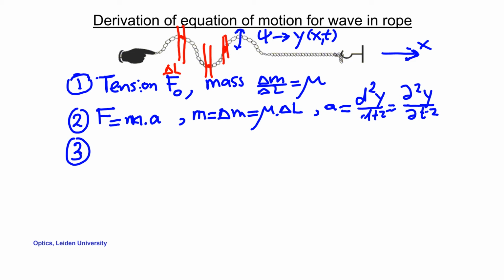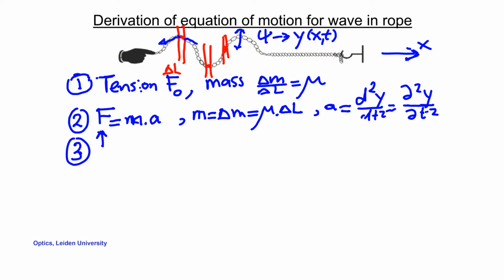So the most complicated quantity in this expression is F. What is the force on each of these segments? Well, I already mentioned the pulling force, the tension in the rope.